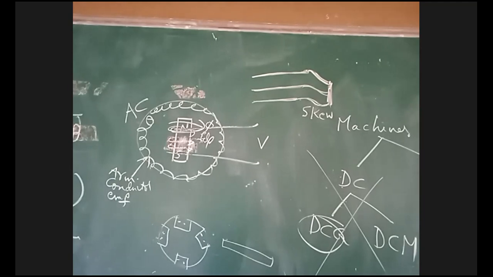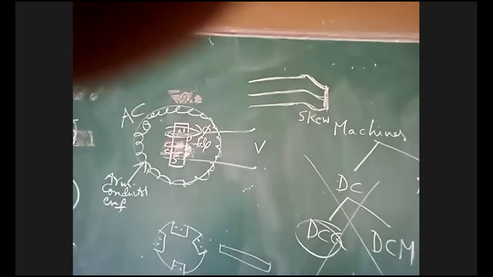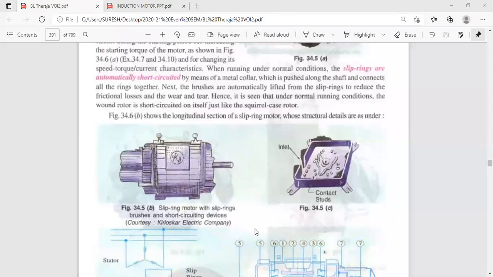To reduce the magnetic noise, at the end point of the rotor bar, some slight skew is given so that it can avoid the magnetic noise. That is the purpose of using slight skew at the end point of the rotor bars. Now observe here.